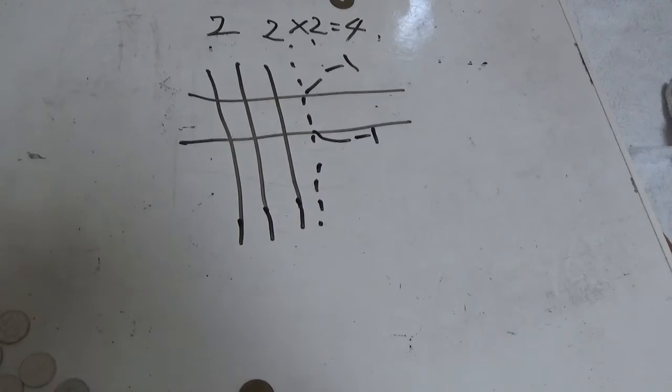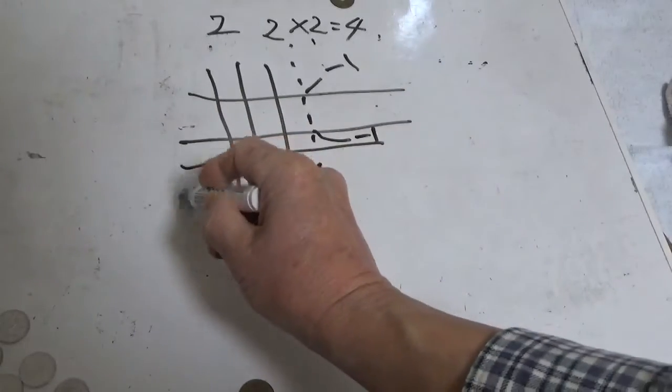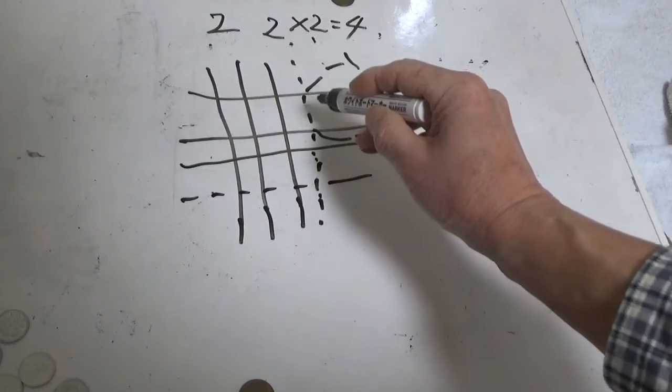Alright, we will start with the same multiplication. 2 multiplied by 2 equals 4. Let's add 0 here. This is minus 1, minus 1.